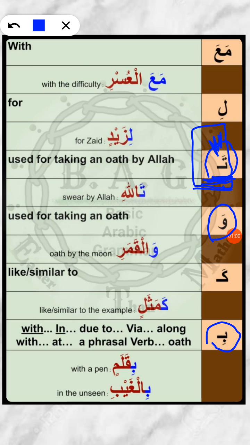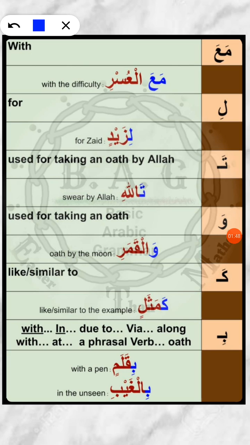Okay, all right. This thing is not true for these two. Okay, so if you want to take an oath by Allah or by something else, you can use wa as well as bi. I'm sorry, wa as well as bi. Okay, but such restriction that we observed for ta is not present for the particles of wa and bi. Okay, so let me rephrase it and sum it up once again.